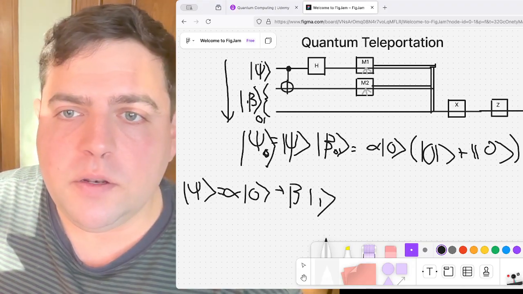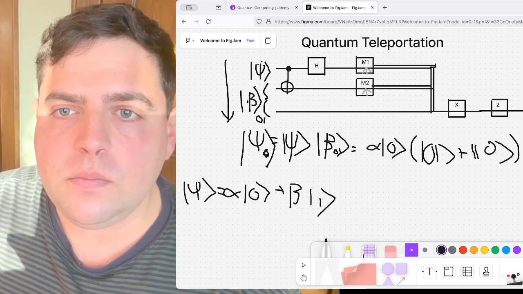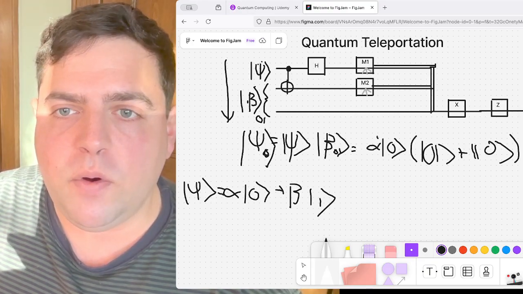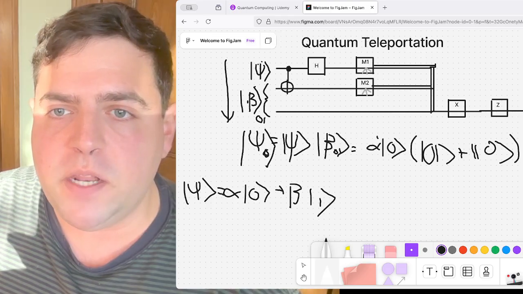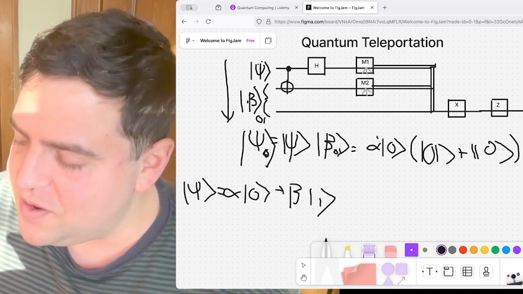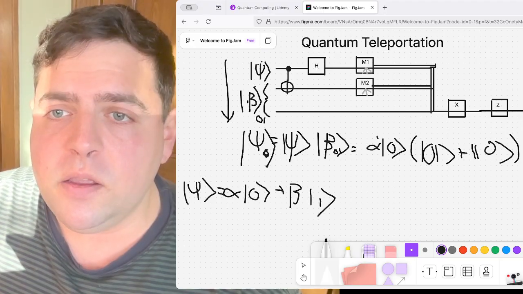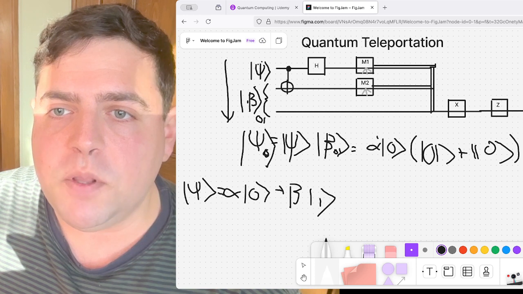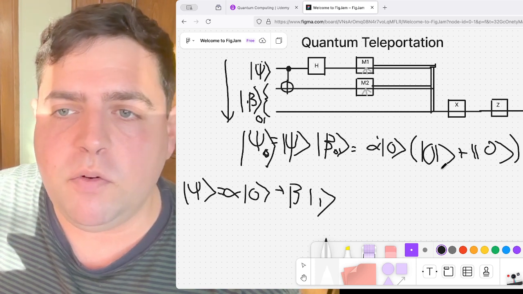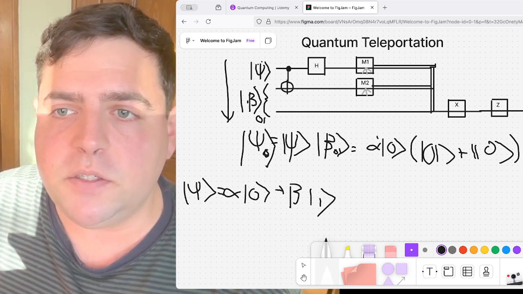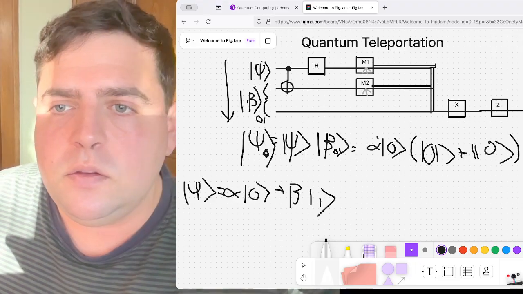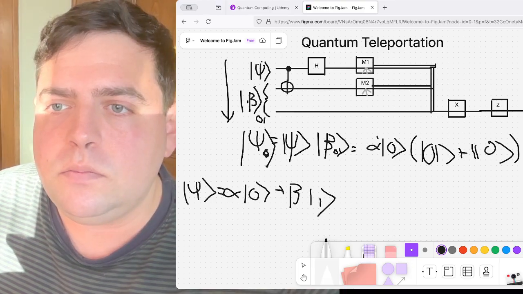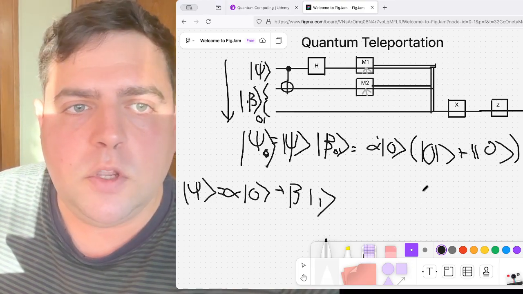Alpha and beta are constants. These two have to add to 1 again: alpha squared plus beta squared needs to equal 1 because these are probabilities we're talking about. Times the Bell state again. Beta is the symbol for the Bell state. Beta 0, 1 specifically is the Bell state we're dealing with for teleportation here, 01 plus 10.